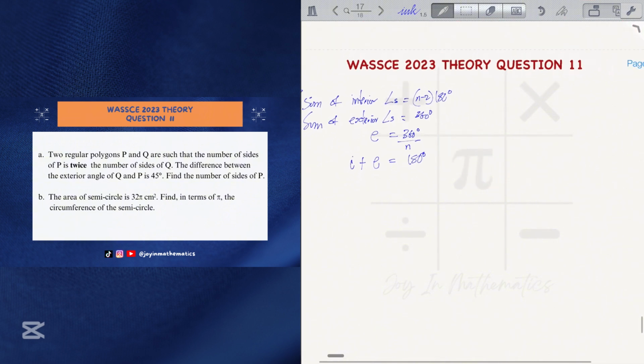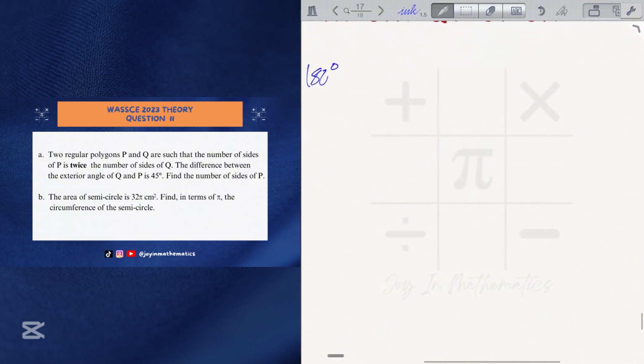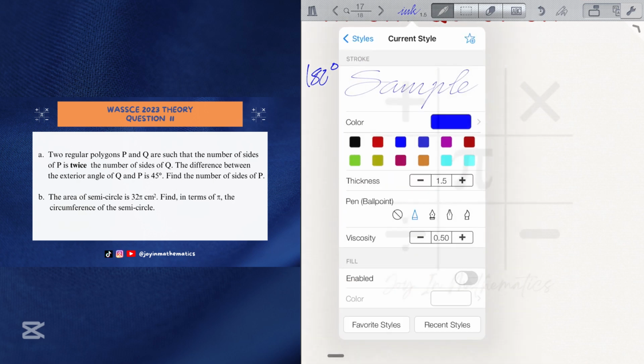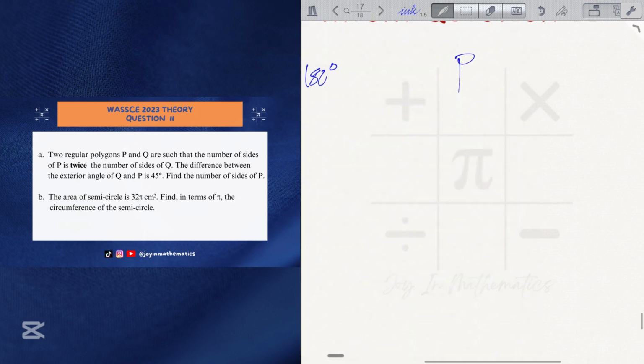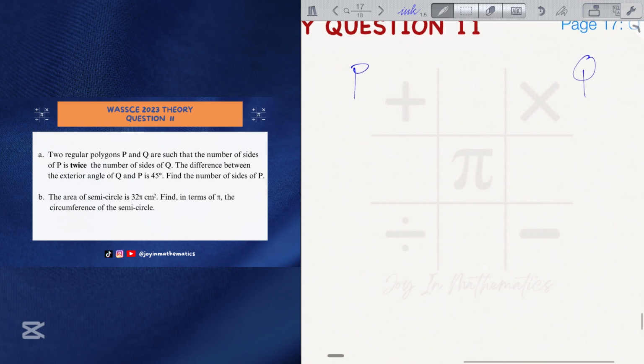So let's begin. We're given two polygons. We're given polygon P and also polygon Q. In polygon P, we have the number of sides NP, and in polygon Q, we have the number of sides NQ.